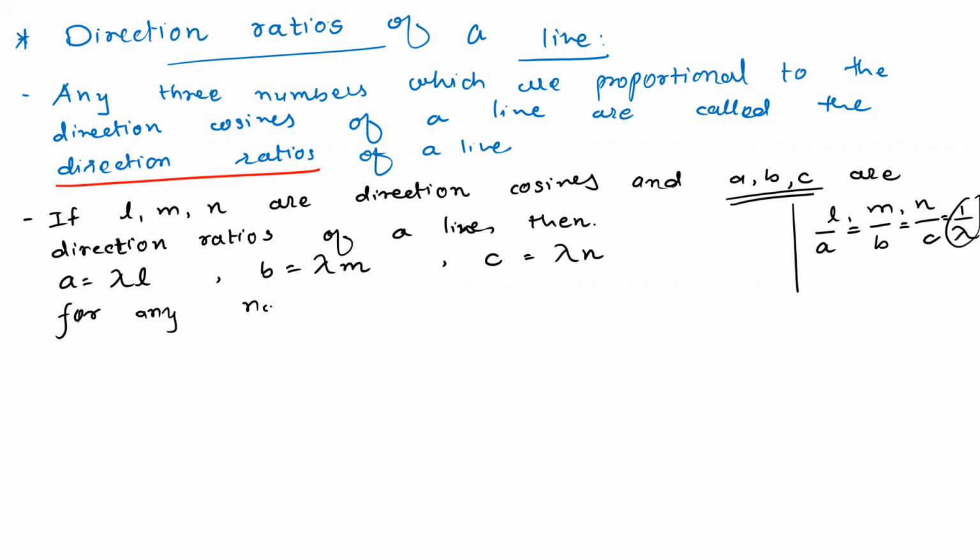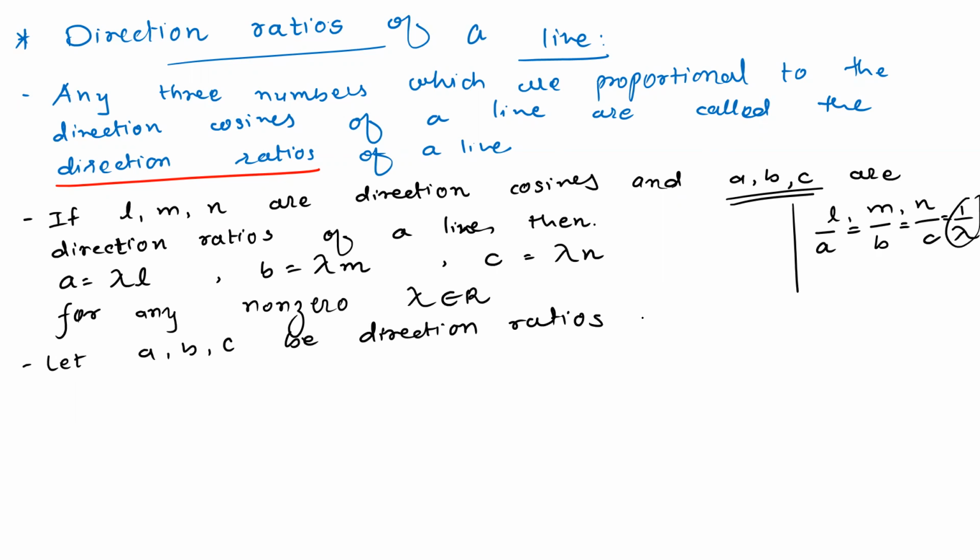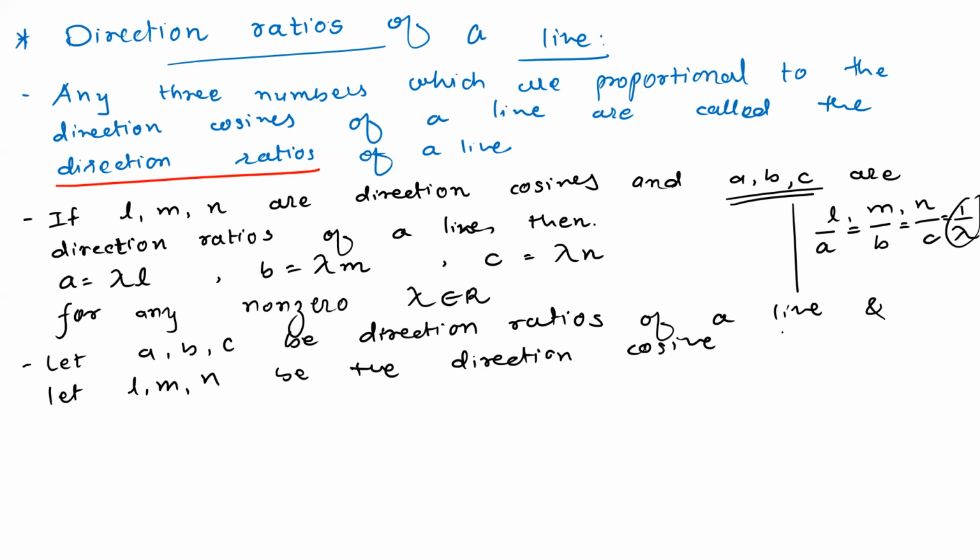For any non-zero lambda, let a, b, c be direction ratios of a line and let L, M, and N be the direction cosines. Sometimes we say DC only, right?